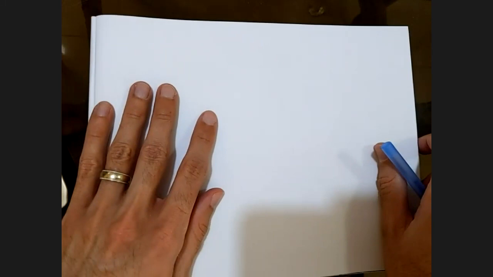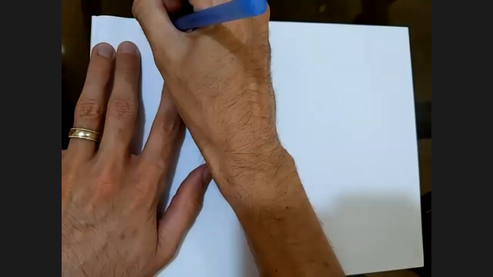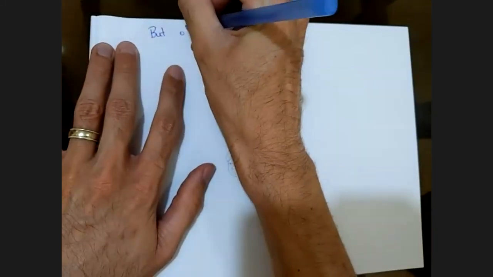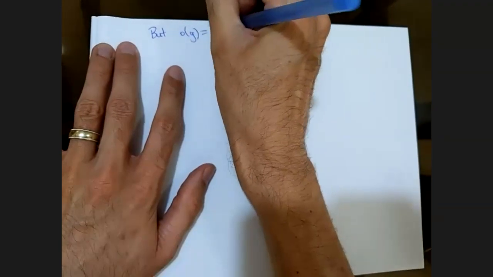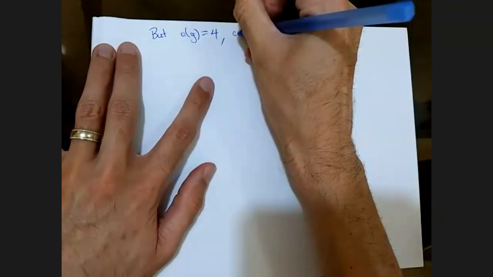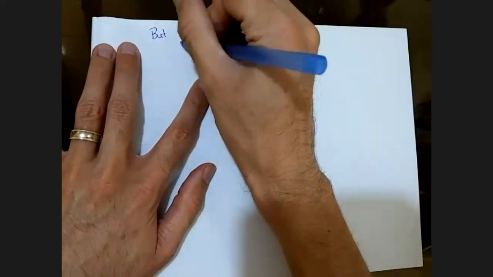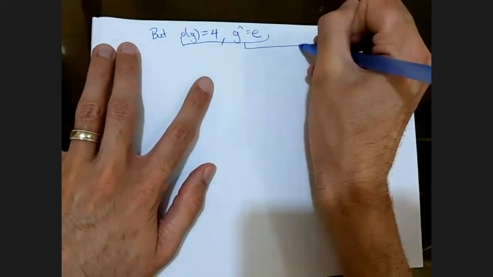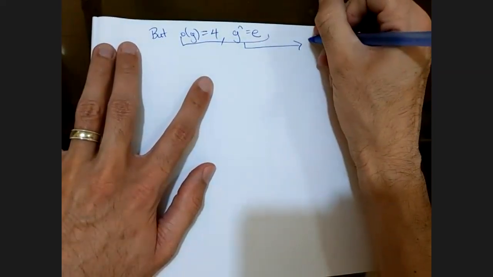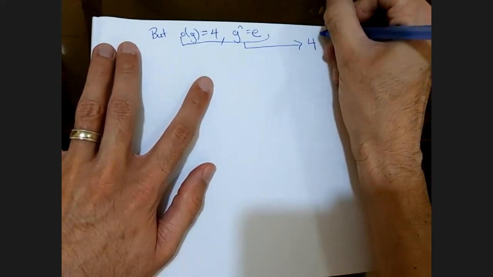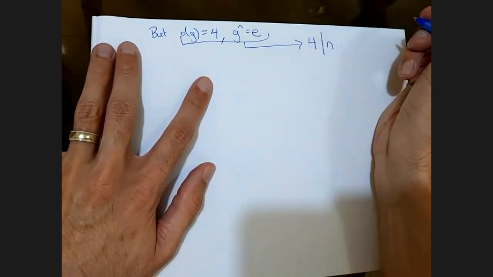Okay, so let's write that down. These two things together imply that n is a multiple of 4, or 4 divides n.